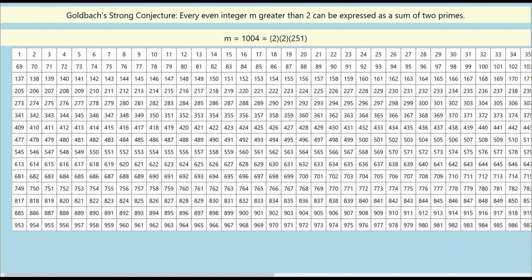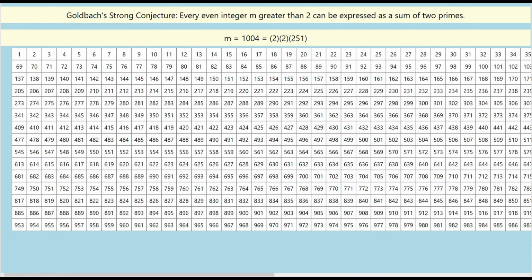We begin our analysis of M equals 1004 by listing all the positive integers less than 1004. For every integer i in this list, there is an integer j in this list, such that i plus j equals 1004.